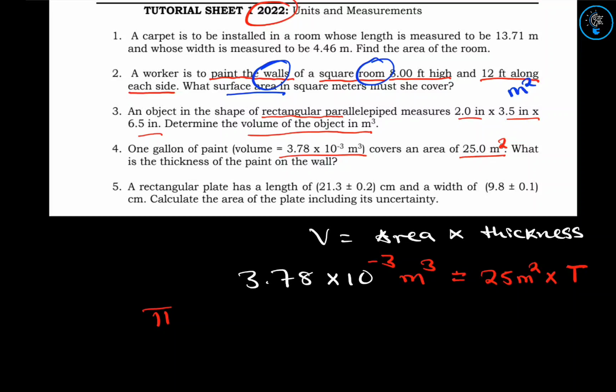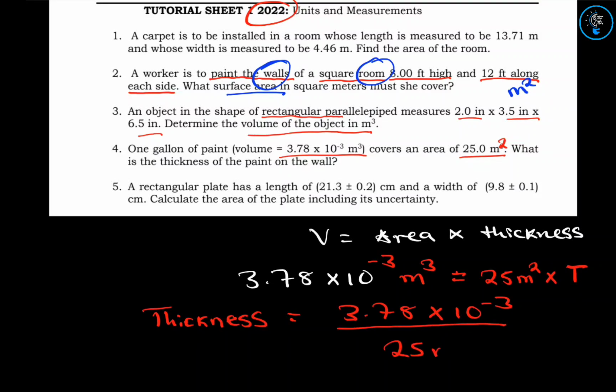So now the thickness will be equal to 3.78 times 10 to the power -3 divided by 25 meters squared.